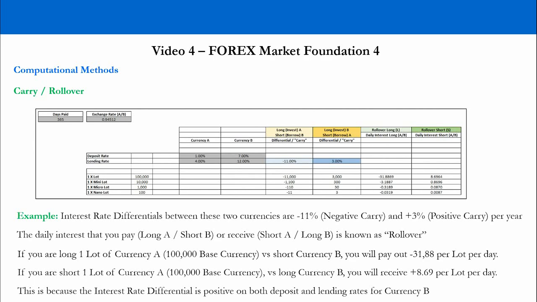And what you want, obviously, is to have a positive carry when you're taking a position, because if the wind is blowing in the opposite direction, then you're basically paying out every single day a certain amount.